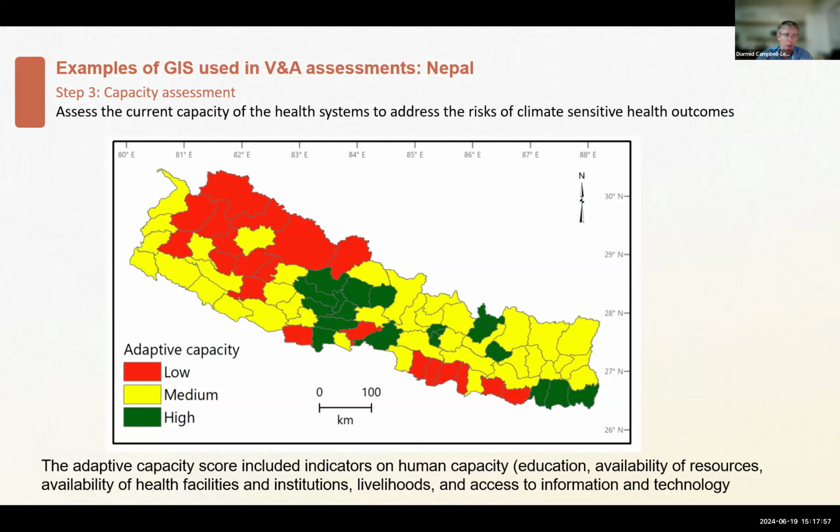And so this is an example from Nepal, where they were using quite routinely collected data on, for example, levels of education, availability of resources, the availability of health services, livelihoods, and so on, as an indicator of the overall adaptive capacity. In places where the socioeconomic and the health conditions were low, they were then using GIS to visualize that, because they consider that interventions are probably going to be most important in those areas where these conditions are not good and therefore need to be strengthened.